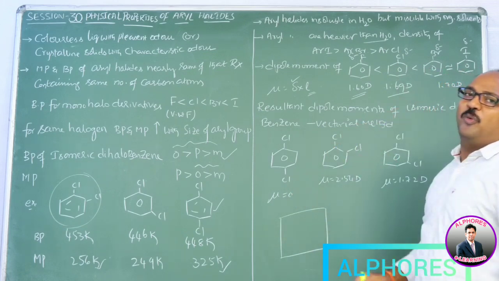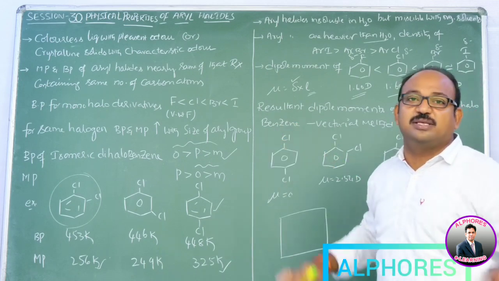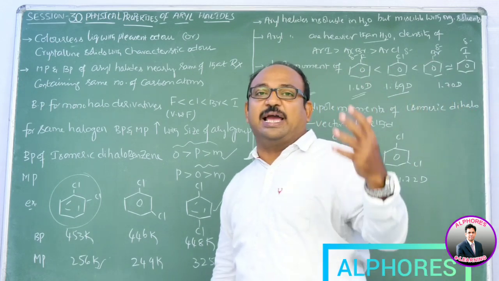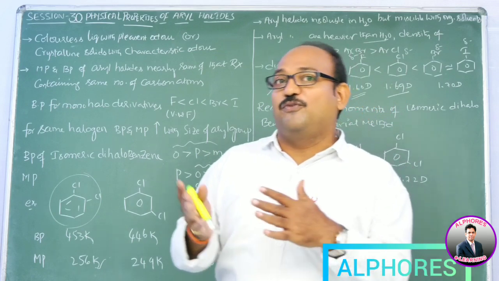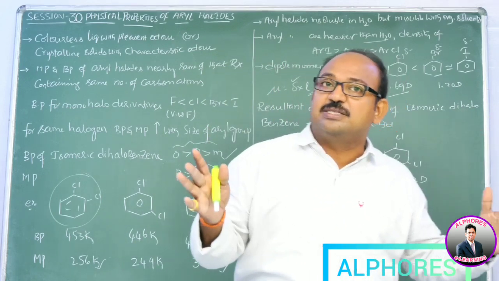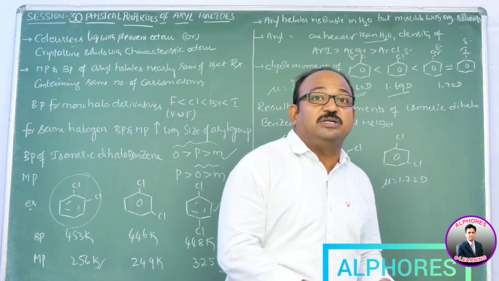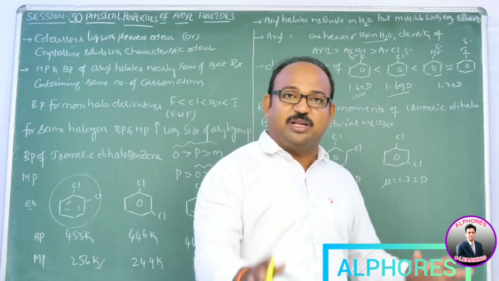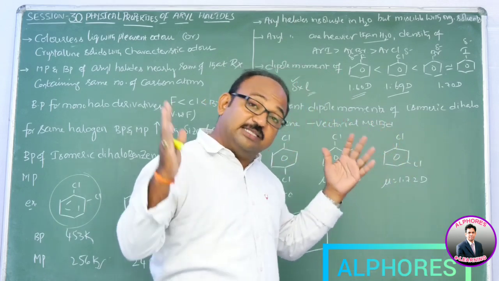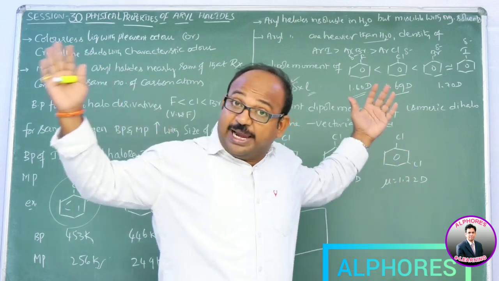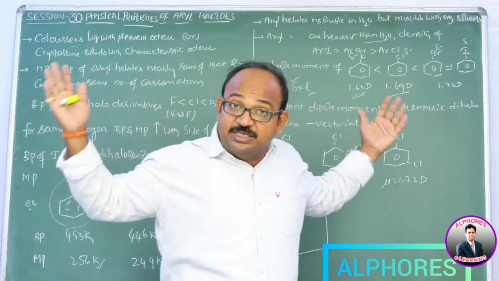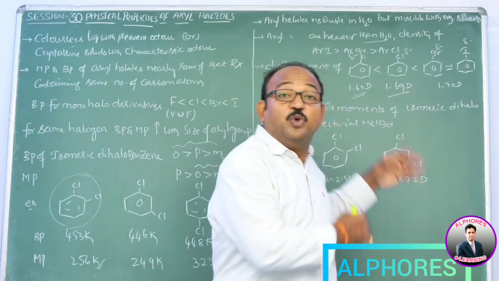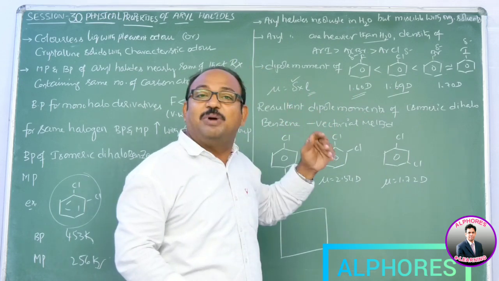And in the case of bromine and iodine, size increases, and we are expecting, as from fluorine to chlorine, that because of the increase in size the mu value, the dipole moment value, increases. From chlorine to bromine size again increases, from bromine to iodine size again increases. What are we expecting? Mu value further more and more, but that does not happen.